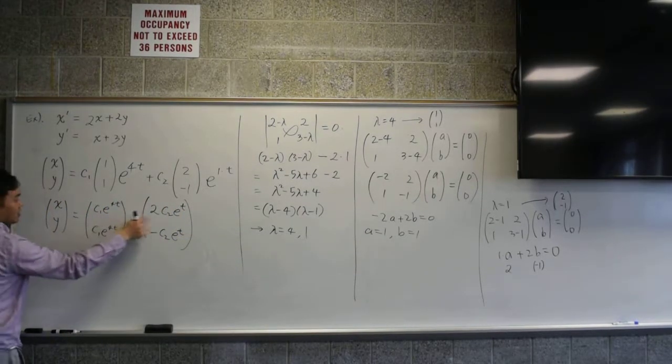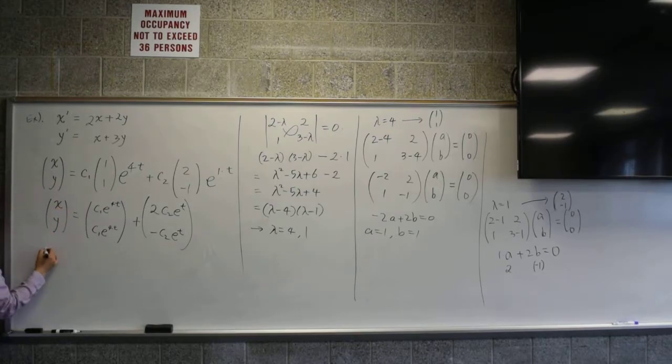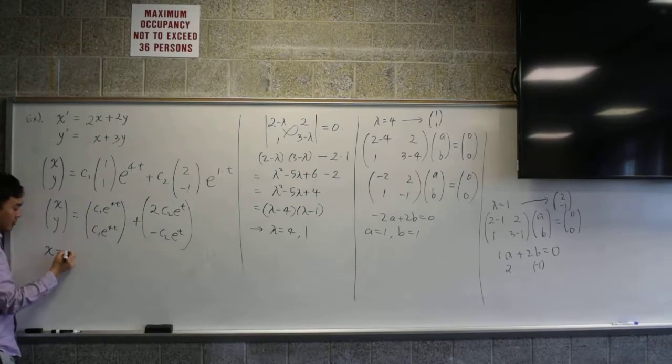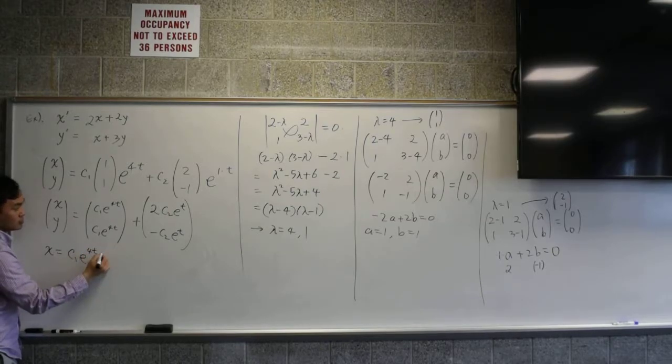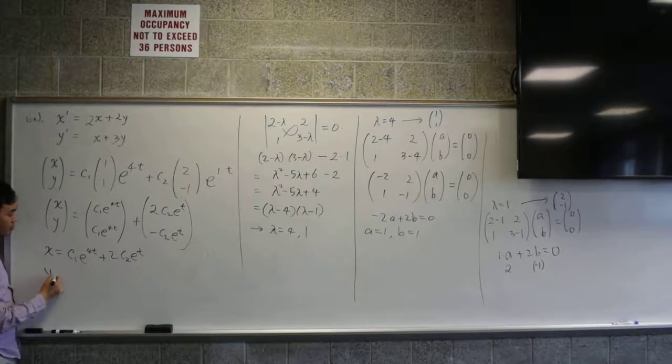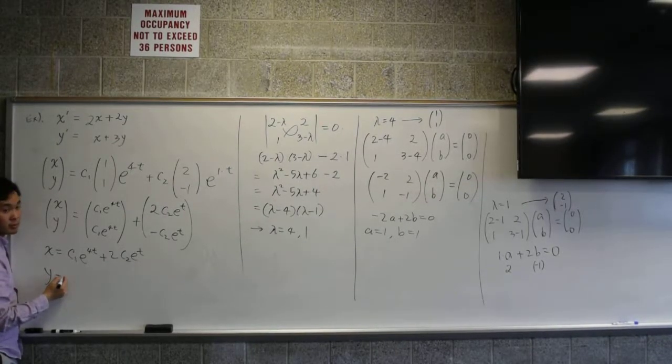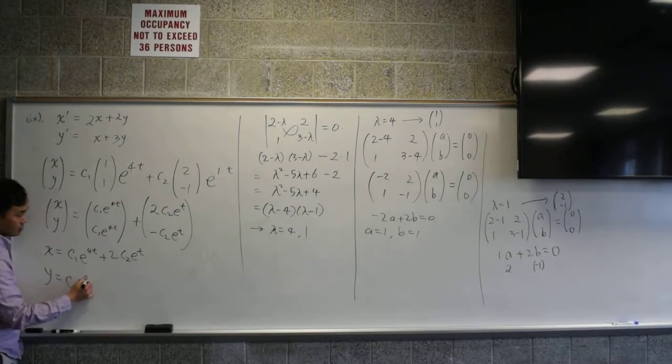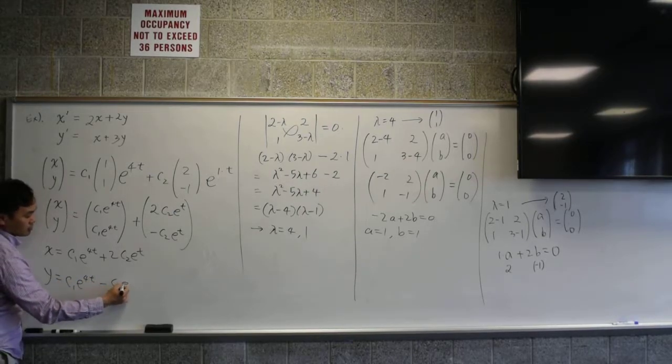And then if you add these and set it equal to x and y, you get x equal to what? Can you read the right side? X is C1 e to the 4t plus 2C2 e to the t. Y is C1 e to the 4t minus C2 e to the t.